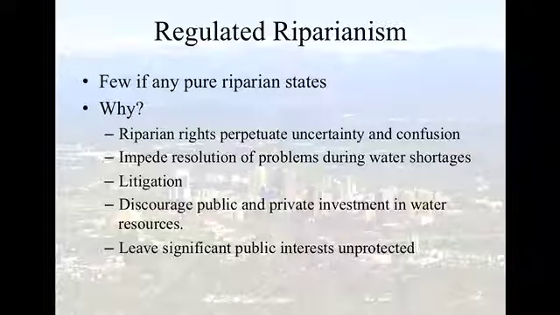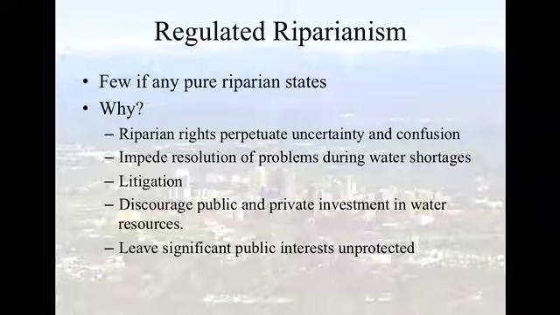So very few states are purely riparian because you don't know how much water you're going to have. There's a lot of uncertainty there. When you have a shortage, you'd really like to know right away how much water you're allowed to use. And making folks file a lawsuit during a water shortage doesn't work very well. It breeds a lot of litigation, discourages investment in water resources, and just like appropriative water rights, it doesn't inherently protect those public interests. So we see very few purely riparian states.